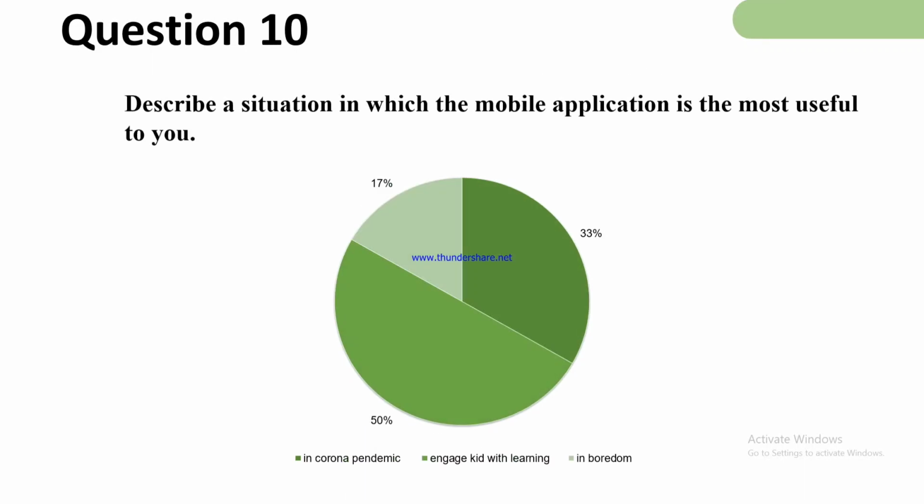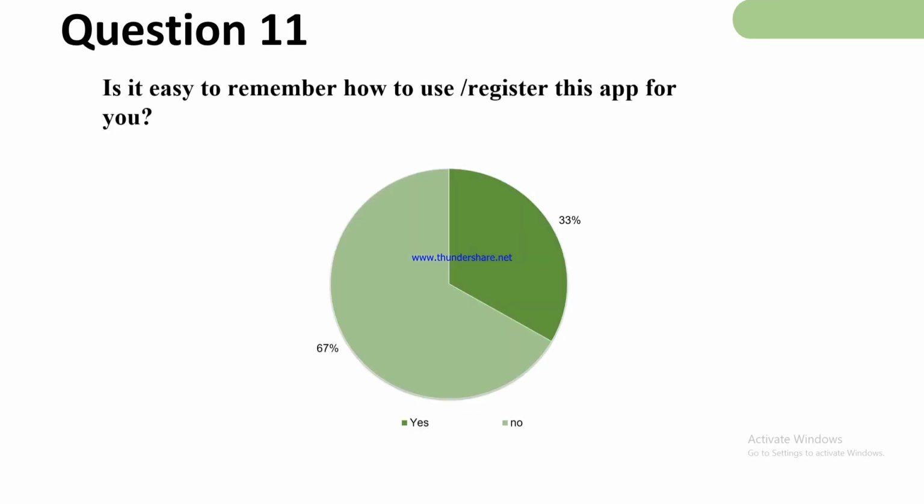Next, I asked them to describe a situation in which the mobile application is the most useful to them. 17% of parents said that this app helped their kid in boredom time, 50% of users said that this app helped their kids to learn during the corona pandemic, and 33% said they use this application to engage the kid with learning.